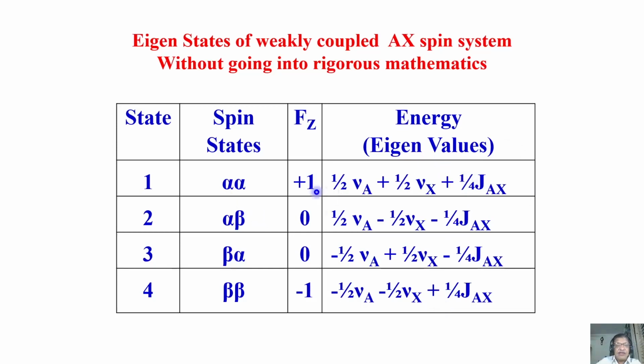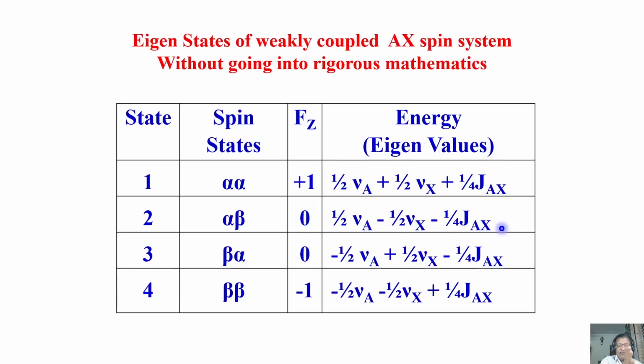I have worked it out here. For the alpha-alpha state, what you are going to get is half nu A plus half nu X plus 1/4 JAX. This is the energy, or eigenvalue, for this state. And this is for the alpha-beta state, where the energy is half nu A minus half nu X minus 1/4 JAX. Remember, it always so happens that the peaks move from the chemical shift position.